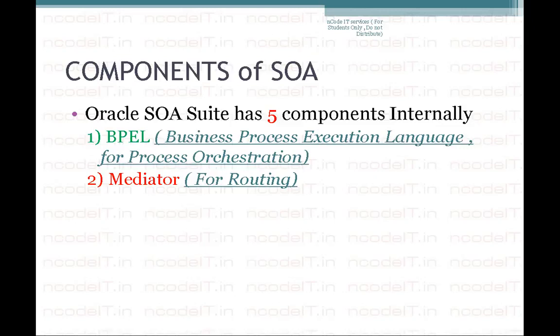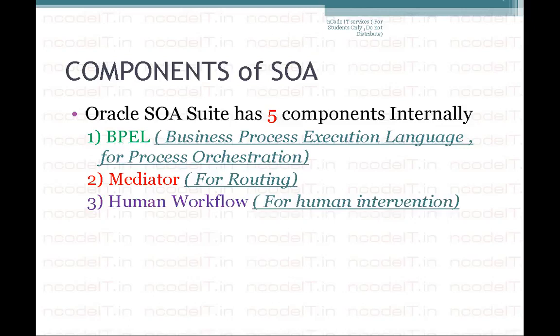Now the decision will be based on a routing rule. A rule says if the value of X is 1, choose service 1. If the value of X is 2, choose service 2. So that's what the mediator does. The mediator redirects the request from one service to another service depending on the values of certain variables.